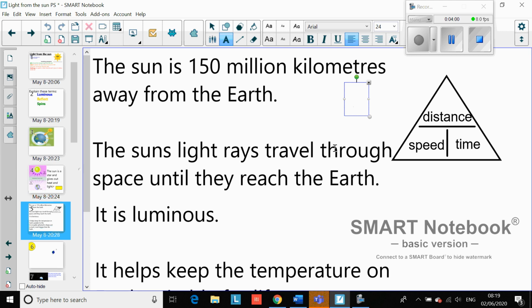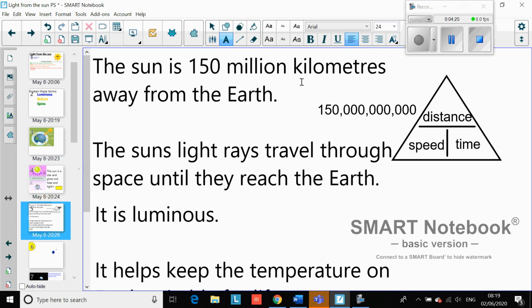So the distance is 150 million kilometers. However, we always have to put that into meters, and since 1 kilometer is 1,000 meters, we need another 3 zeros. So here's how many meters the sun is away from the Earth.